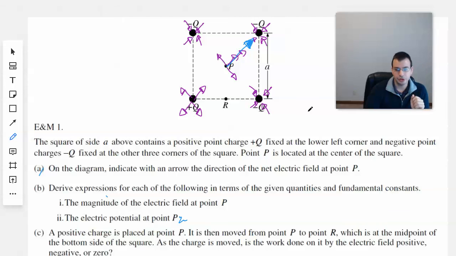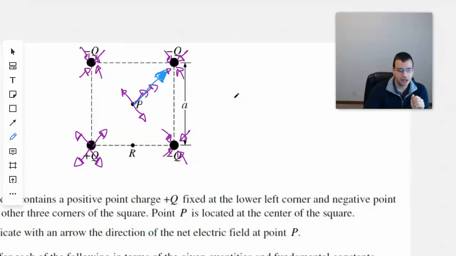Okay, so we know the electric field from Coulomb's law. F equals K Q1 Q2 over R squared. So we know that the negative Q's on both sides are going to cancel because they're symmetrical. And plus Q and negative Q are just going to have the opposite signs.